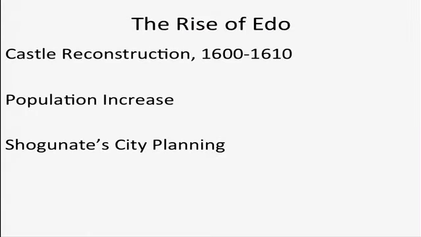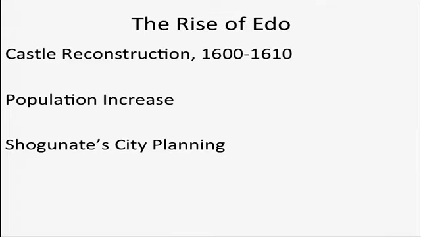We also discussed Edo, how it goes from being a small marshy fishing village to becoming a castle town to becoming the capital of the shogunate, and all that goes into that. Population increases by a factor of 10 within the first 60 or 70 years.